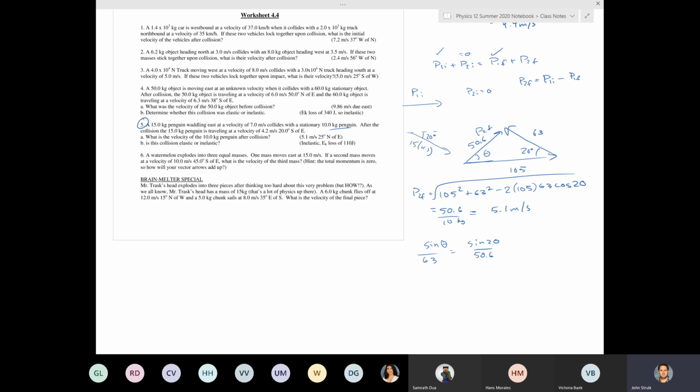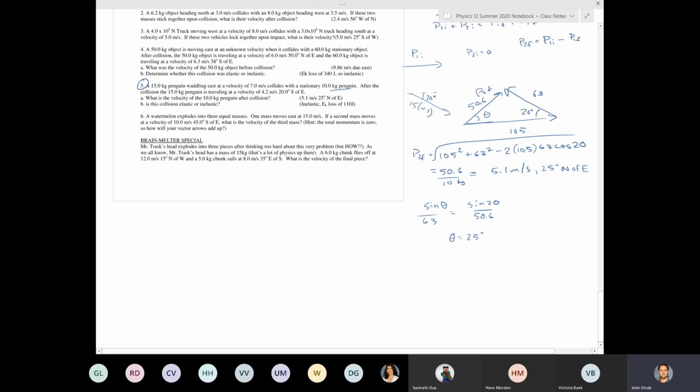Yeah, there we go. Theta is 25 degrees, so this is 25 degrees north of east. That makes sense because if all your initial momentum is in the x direction and you have some going down towards the south, you have to have some going to the north in order to cancel that out.